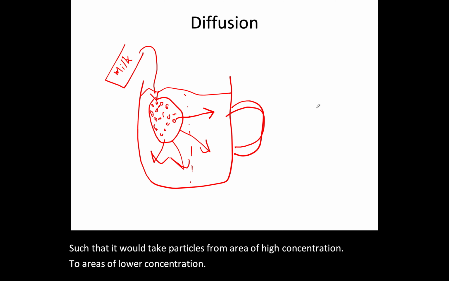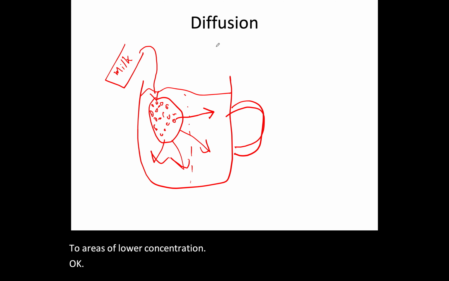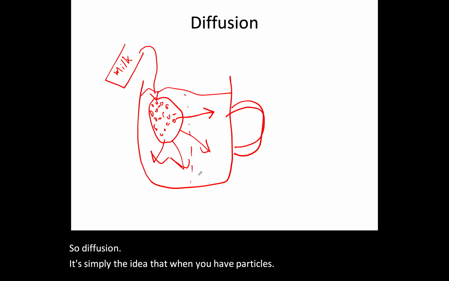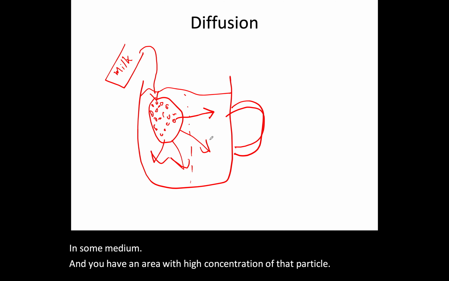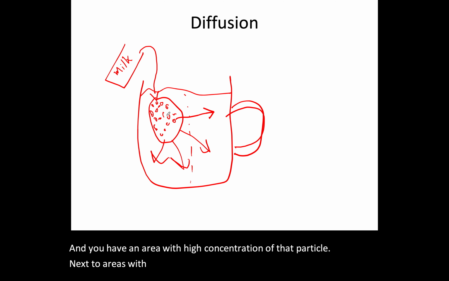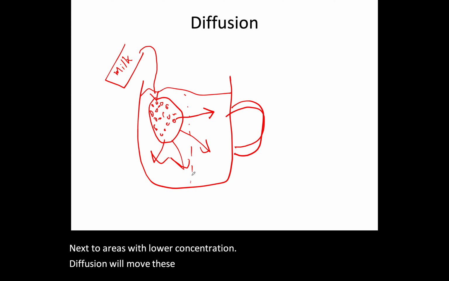Okay? So diffusion is simply the idea that when you have particles in some medium and you have an area with high concentration of that particle next to areas with lower concentration, diffusion will move these particles away. Okay, so that you get a nice balanced distribution.